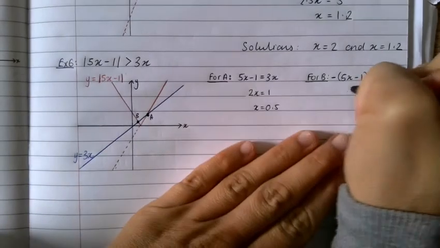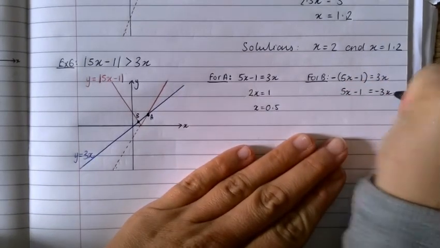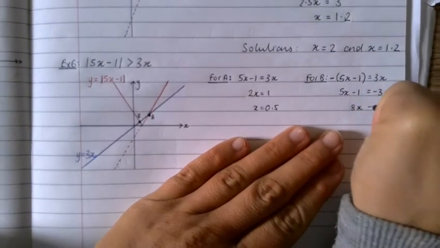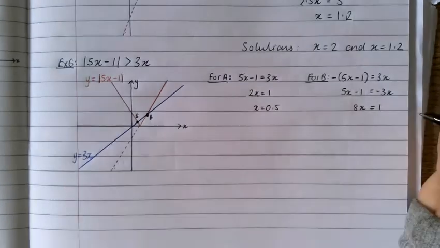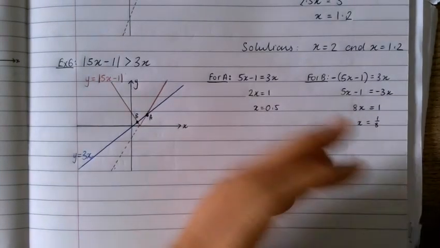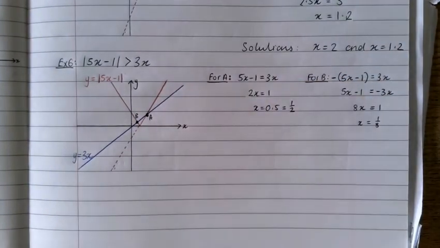So I like to divide both sides by -1. So I'm going to add 3x to both sides to give me 8x and plus 1 to both sides. And I'm going to get x equals 1/8. I might keep this one as a fraction in that case. So we've got x is a half and x is 1/8.